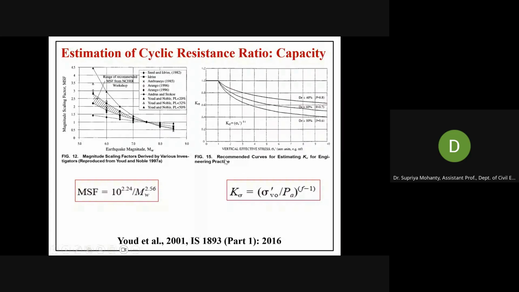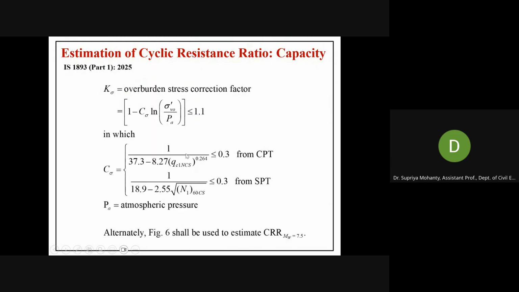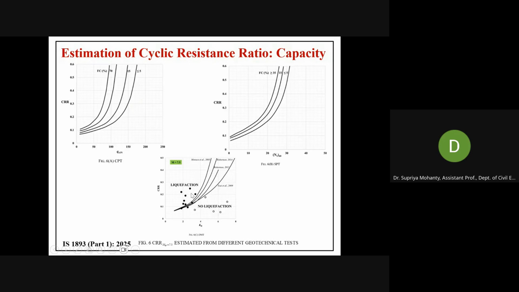And if you compare the K sigma, that is the overburden pressure correction factor, the proposed K sigma in our recent 2025 version is this one, which is a function of both effective pressure and also the corrected tip resistance and corrected SPT N value.